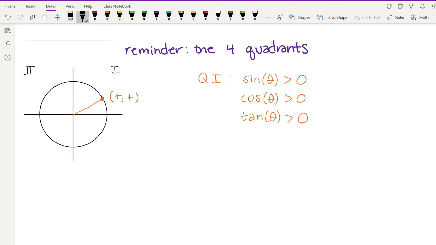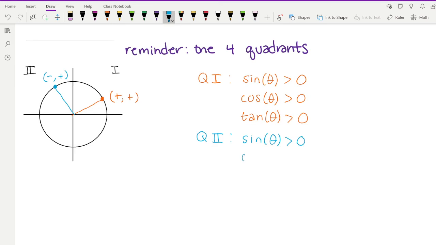Okay, so quadrant 2. If you have an angle in quadrant 2, the terminal point is going to have a negative x coordinate and a positive y coordinate. So maybe that is what your terminal side looks like. The y coordinate is positive, so that tells us that sine is going to be positive.